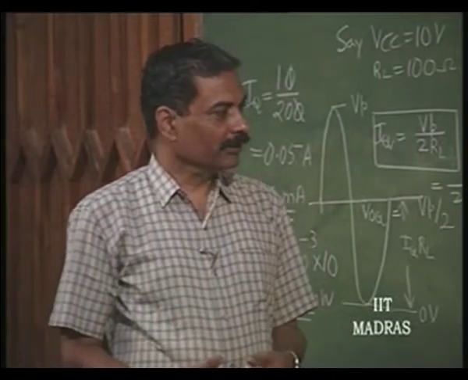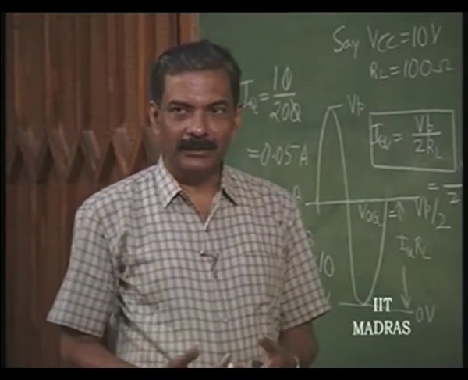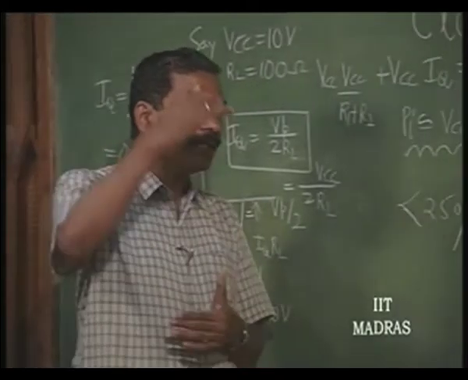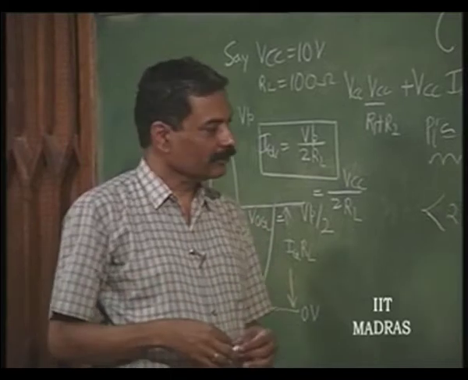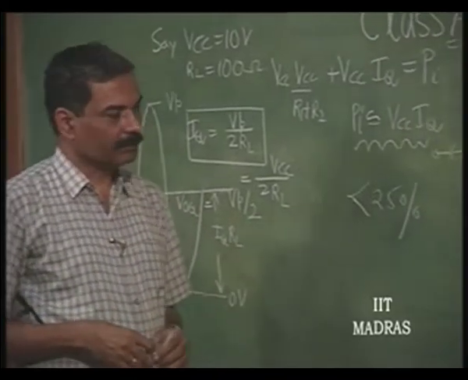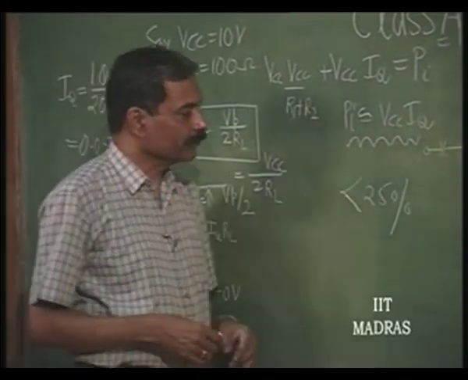Okay. So, this is maybe an audio signal. So, at best it can reach V p at a certain given moment, that is all. So, this is always less than 25%. What does it mean?